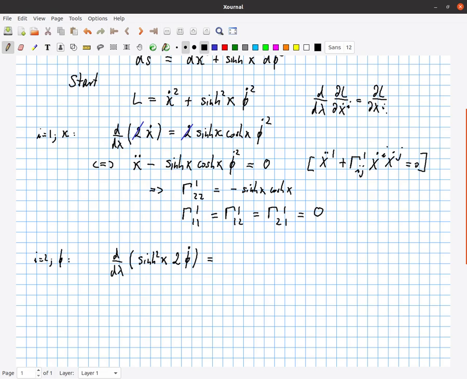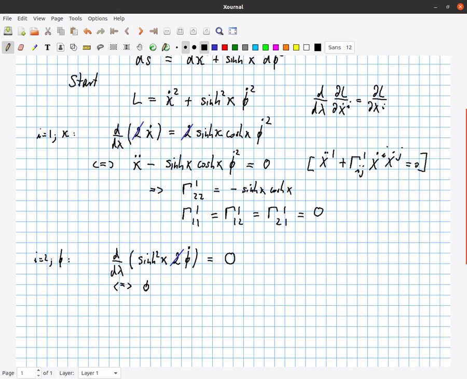On the right hand side, we see that L is not a function of phi explicitly, so therefore we get a 0 here. We now need the product rule and the chain rule to differentiate this. As before, we cancel the 2.